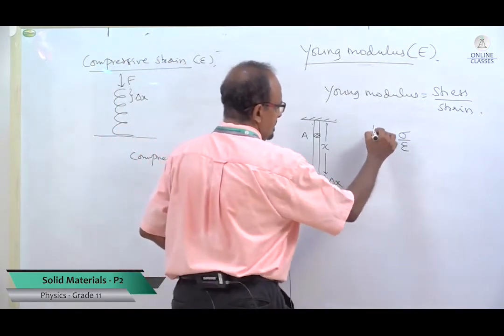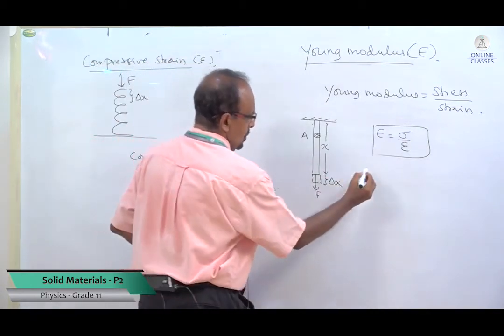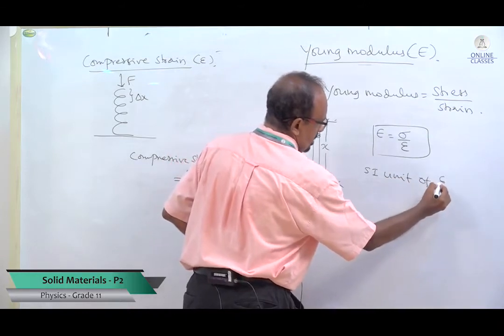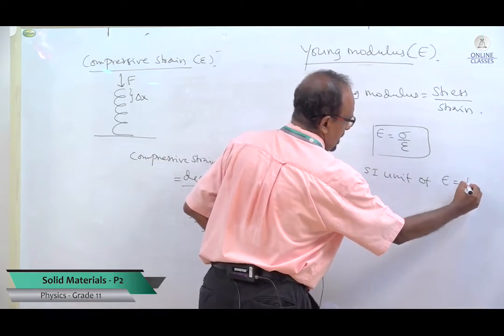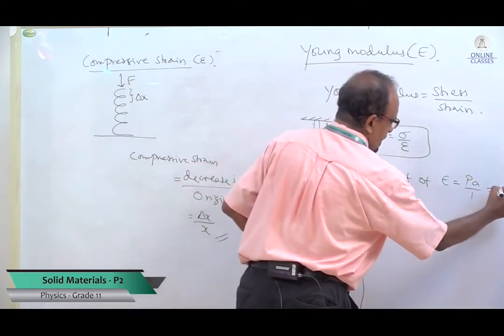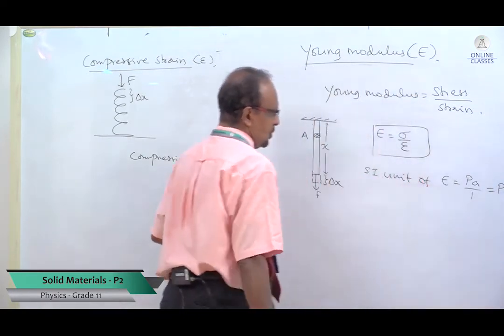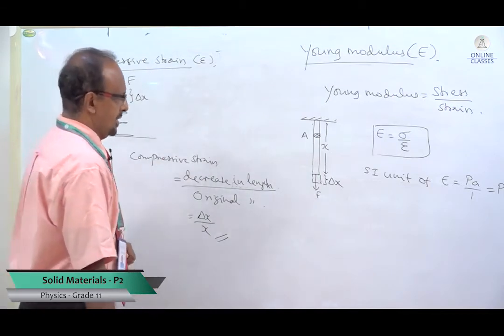This formula is also given in the formula sheet. The SI unit of E: the unit of sigma is Pascal, and strain has no unit. So the unit is Pascal or Newton per meter squared. So that is the SI unit of Young modulus.